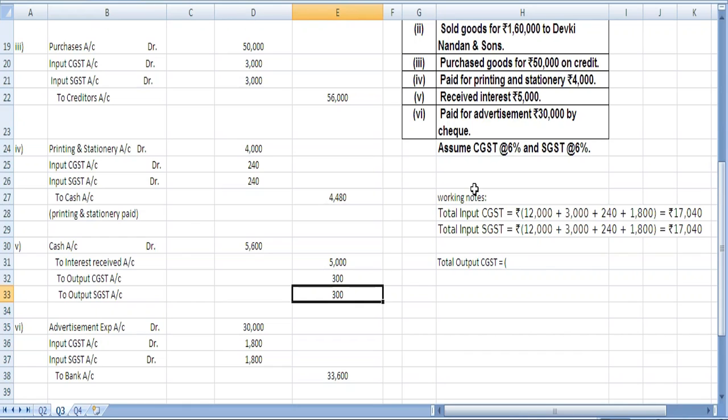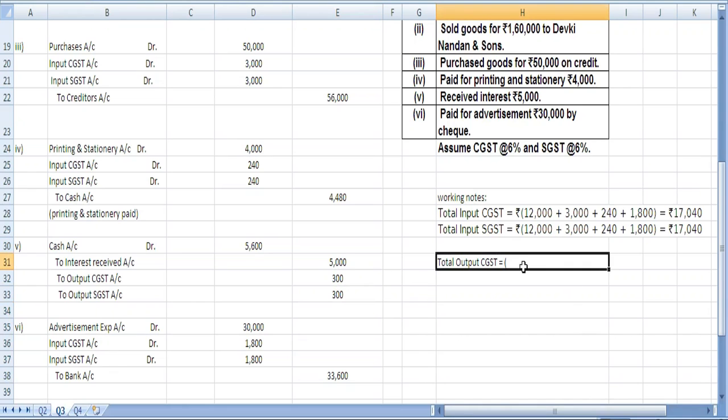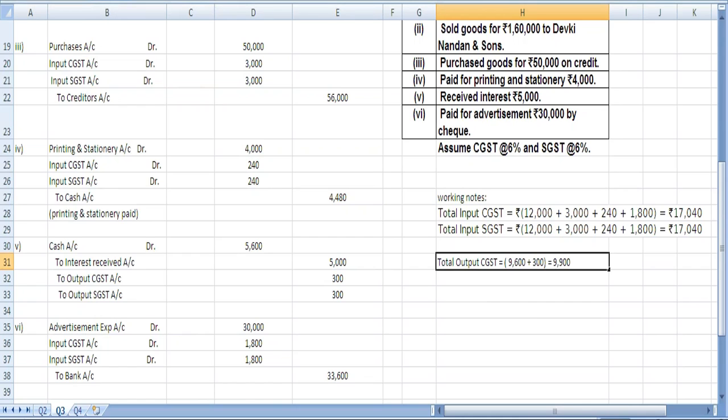We have 300 here and 9,600, which we saw. So here we will have 9600 plus 300. So this will come as 9900. Okay, we'll change here. Rupees and rupees.